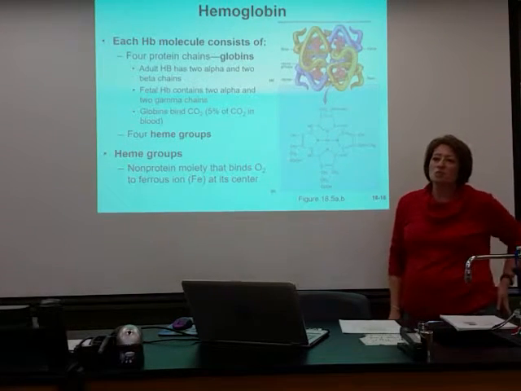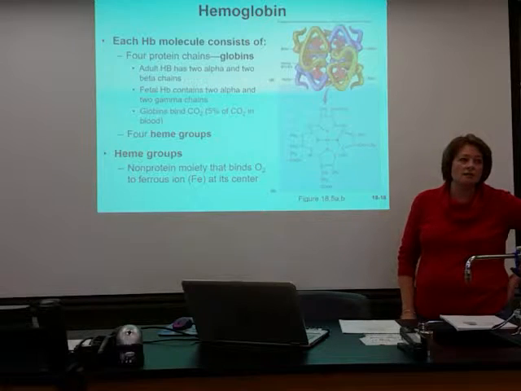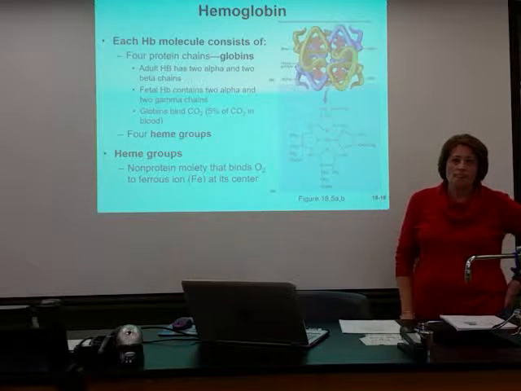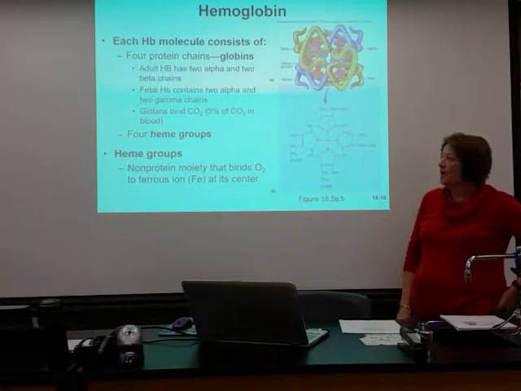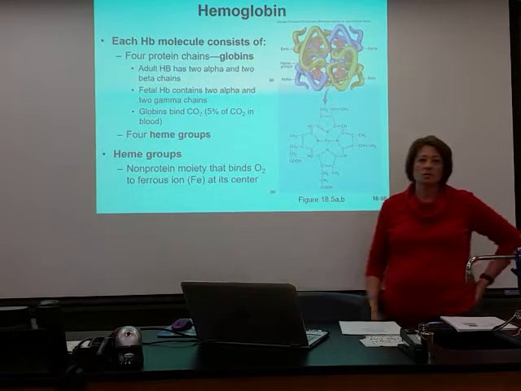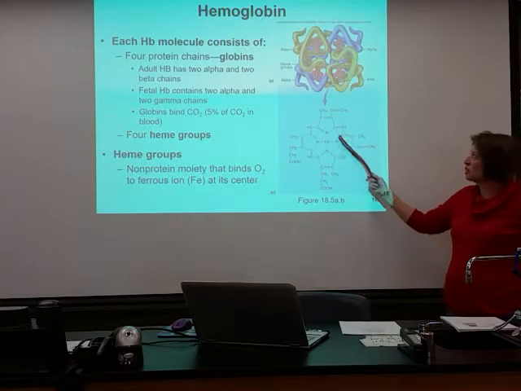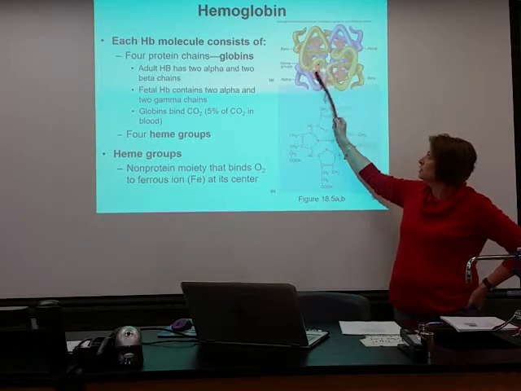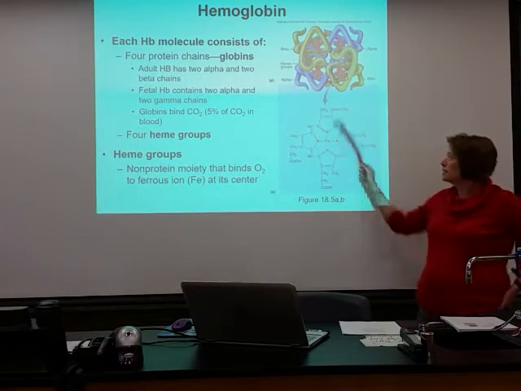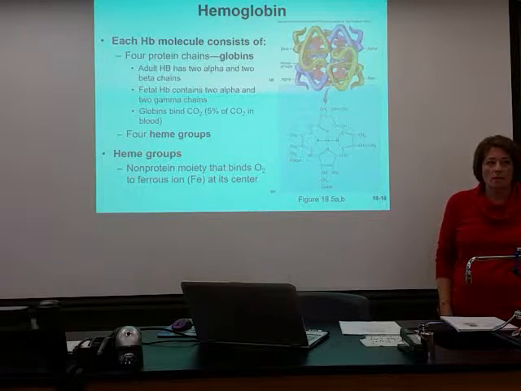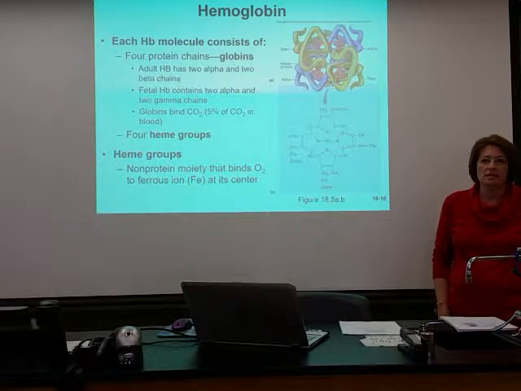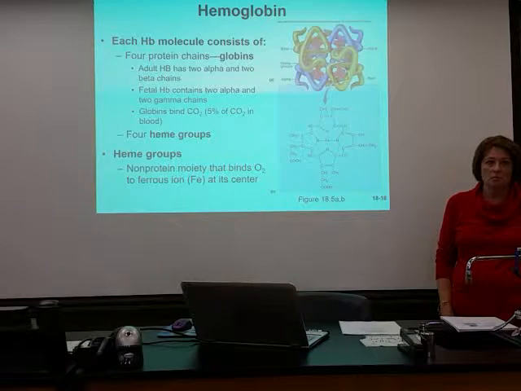In the middle of each one, what do we find? A heme group. This is the structure of the 1, 1, 1, 1 heme. What is right in the middle of the heme group?